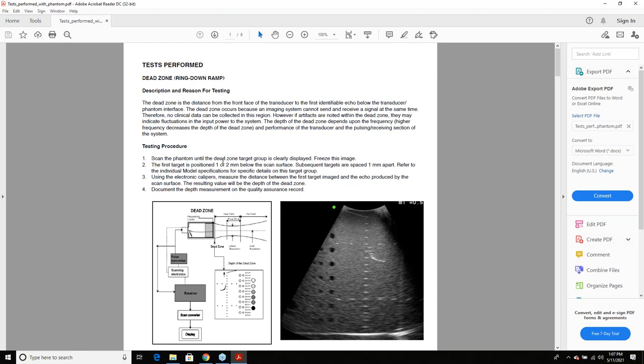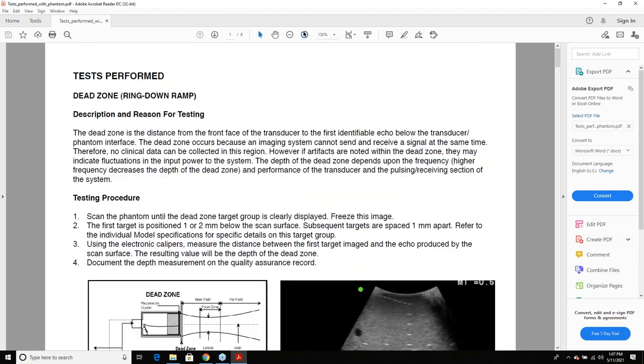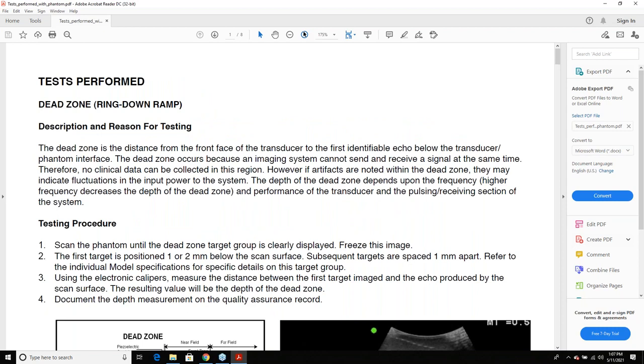Again, I can blow this up so you can read it, but then I can't page, which kind of gives us an idea. It's a distance from the face of the transducer to the first object you can see. The dead zone occurs because it can't send and receive. That's the time delay I was talking about, right?